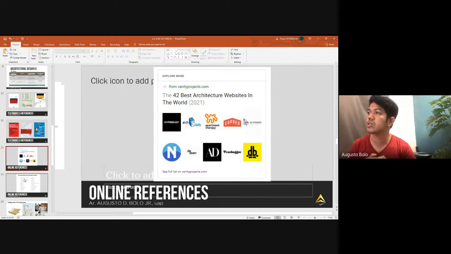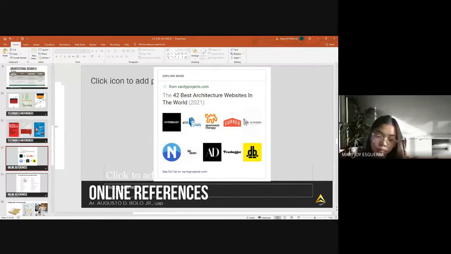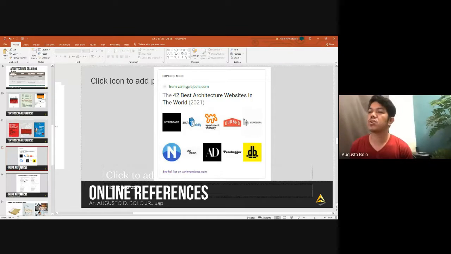I have a screenshot of parang 10 architectural websites na good in terms of mga references, ideas. Not to mention Pinterest. Do you know Pinterest? Yes po. Okay. Kung ang Pinterest alam nyo, you can also search architecture in Pinterest. Ang daming lalabas din doon.